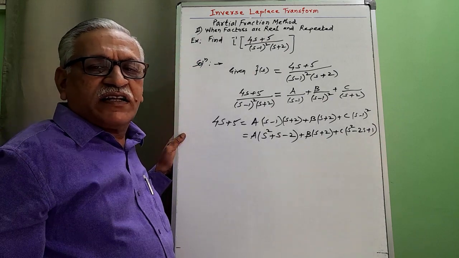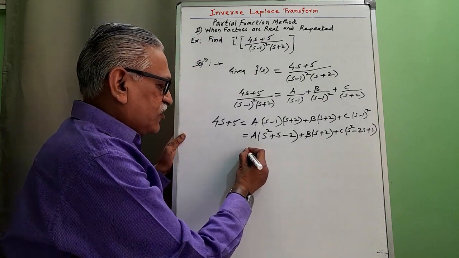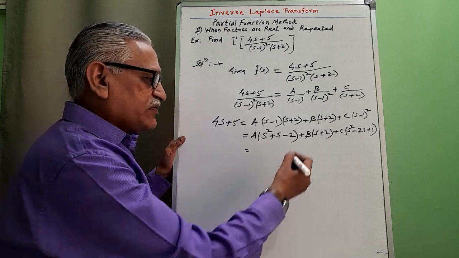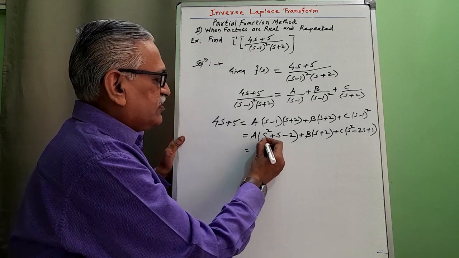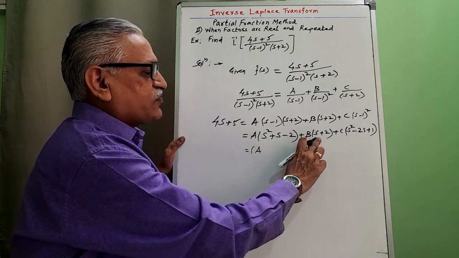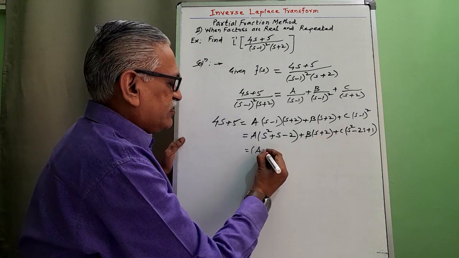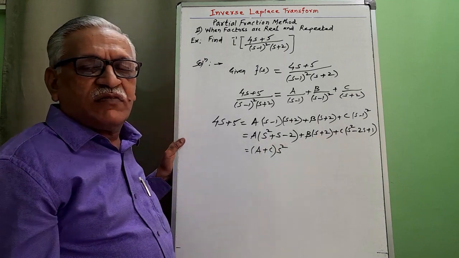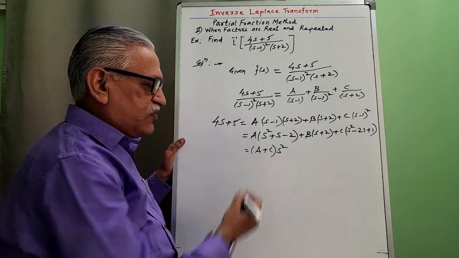And then collecting the terms of s square in one bracket, terms of s in the second, and the constant term in the third. Therefore, a into s square, therefore a, no term of s square, c into s square plus c, and common is s square. From those two terms, I am taking s square common.